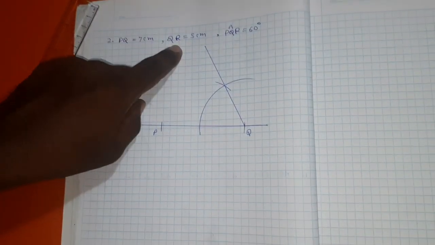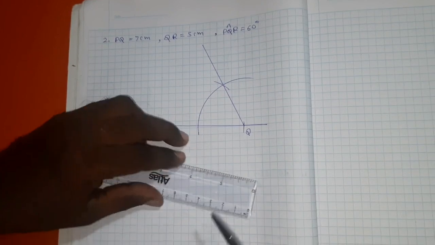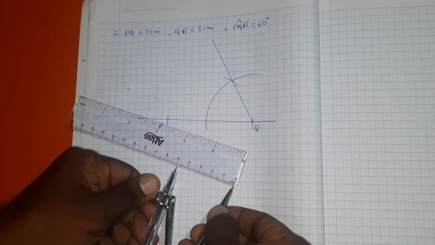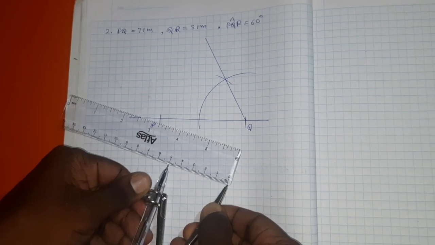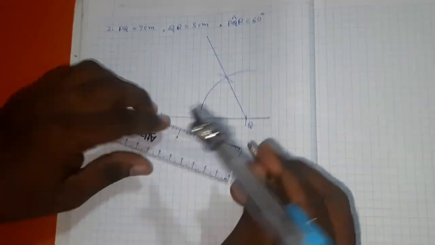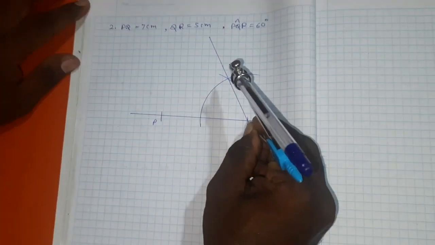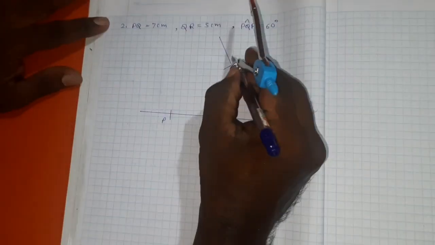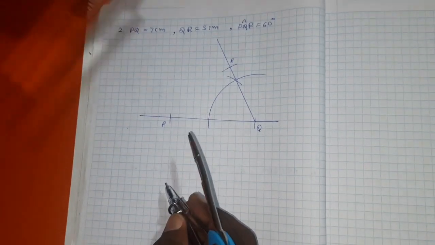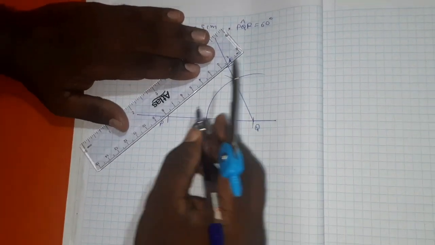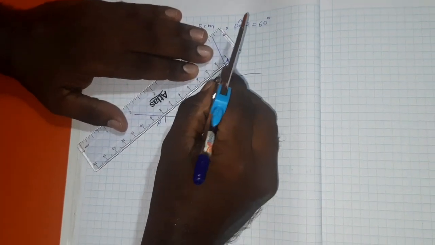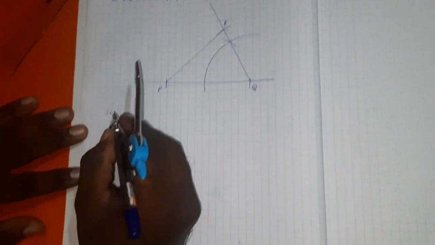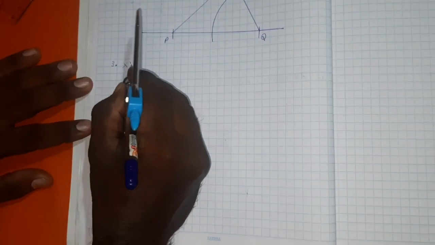Thereafter, we have to take the length QR 5 centimeters to the compass. Then keep it on Q. Then intersect that straight line, which made 60 degrees. Then we can name that position as R. Then when we join those points P, Q and R, it will make us PQR triangle.